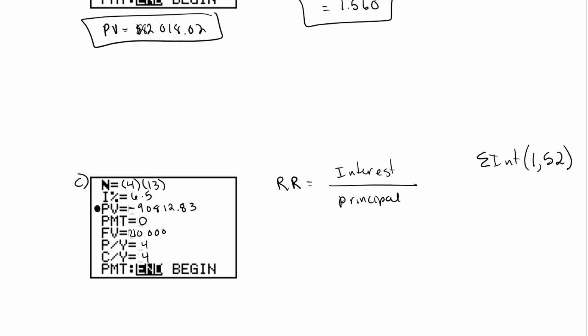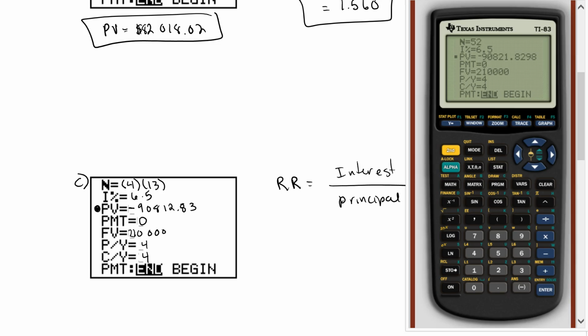Now just to be clear about this, the interest function uses what is currently in the TVM solver. So if we wanted to go back and find the interest for the previous question, we would have to put all the information again in our TVM solver. But because we want to find the sum of the interest of this specific one, we're okay. So we want to go to our finance.